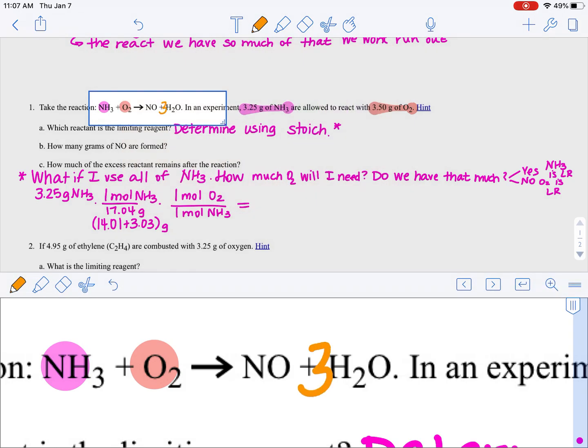It looks like I'm going to need a 3 in front of here to get me to 6, which means I'll need a 2 here. So that means I'll need a 2 in front of nitrogen monoxide. And now for my oxygens, 3 and 2, oh, that's only 5. So now I'm going to need to double everything.